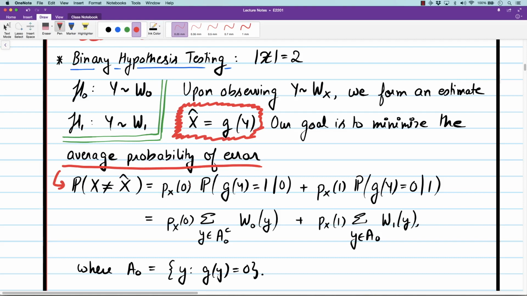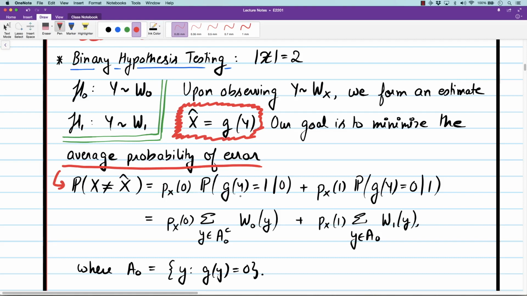The probability that X is equal to 0, multiplied with the probability that the output x hat is different from x, given that X equals 0. This will happen when g(y) is 1. So when g(y) is 1, the output will be 1, while the input was only 0.